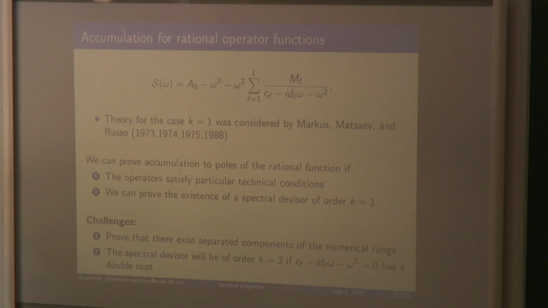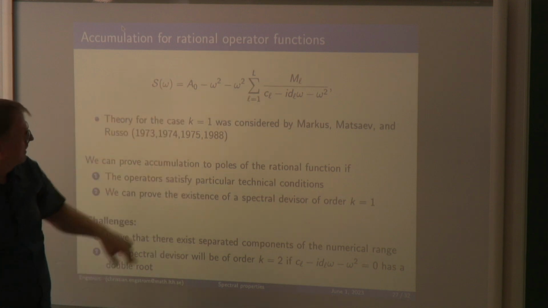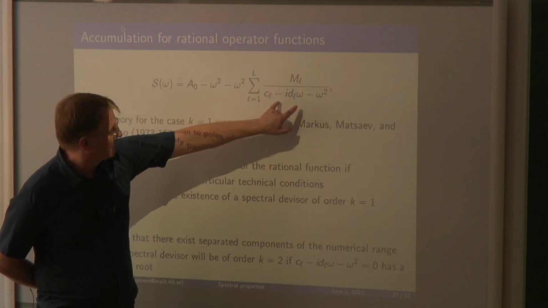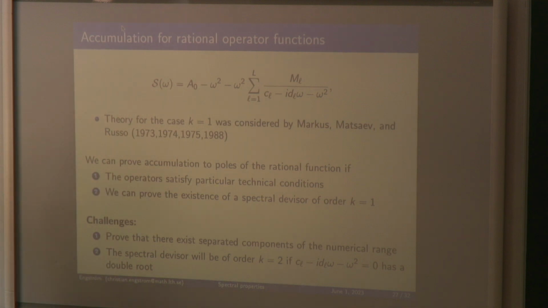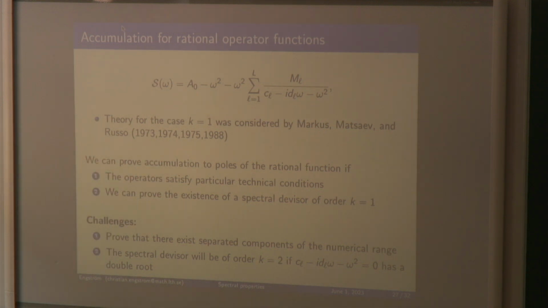So if we now have this kind of problem, we multiply with the denominators, we get the polynomial and so on. Then in the case when k equals 1, a spectral divisor of order 1, you have this in a series of papers. Some of them are in Russian.